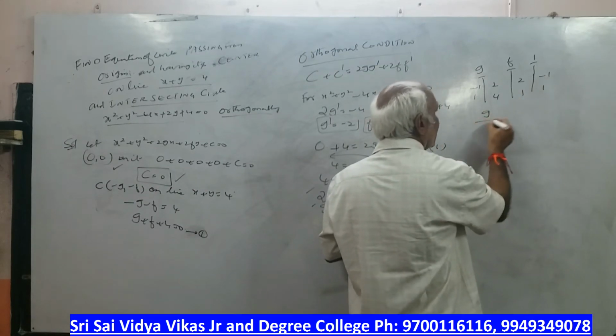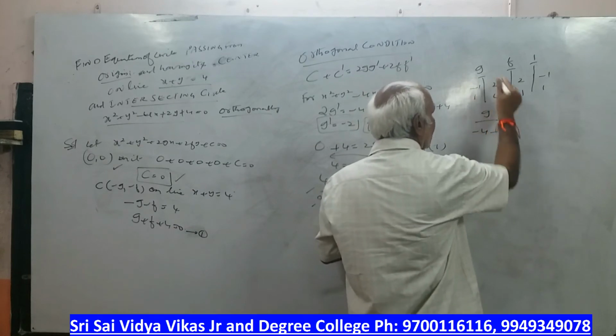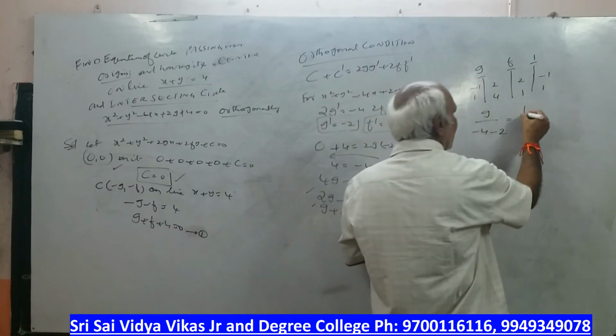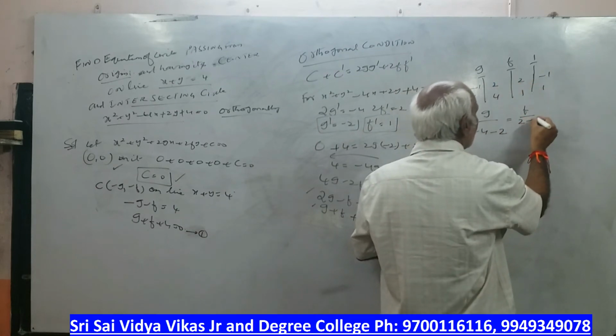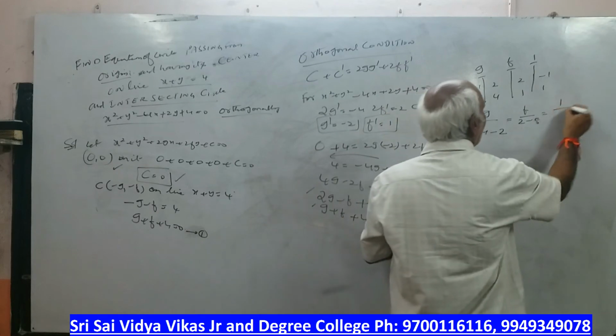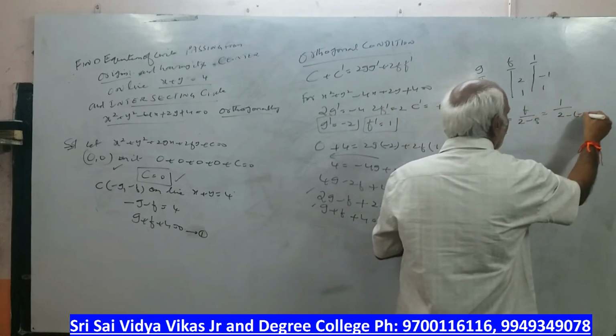So g by minus 1 into 4 minus 1 into 2, which is minus 6. Always cross multiplication, and the minus sign will come. f by 2 minus 8, and 1 by 2 minus of minus 1.